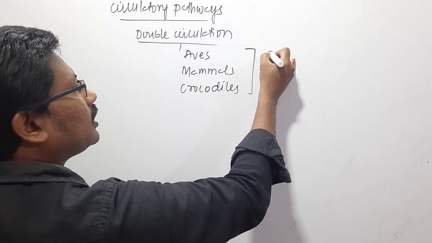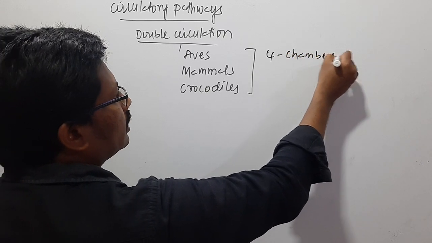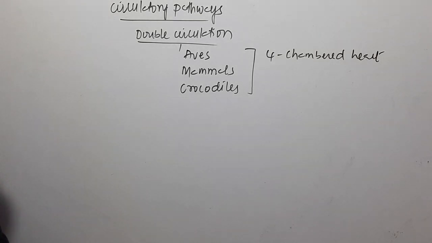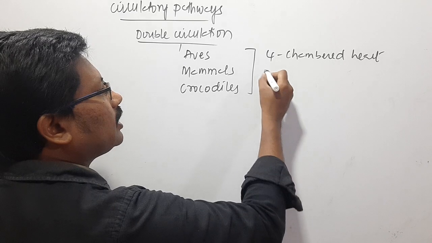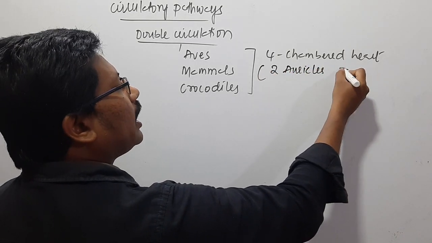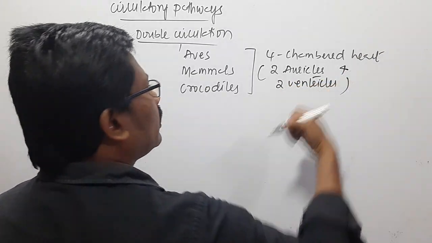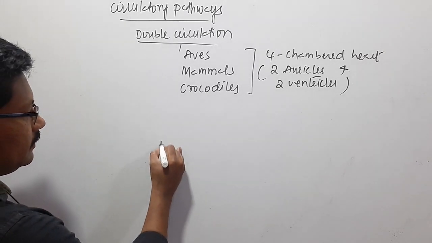They have a four chambered heart. In incomplete double circulation they have three chambers, and here we have a four chambered heart in which there are two auricles and two ventricles. Now let us see how this double circulation takes place.